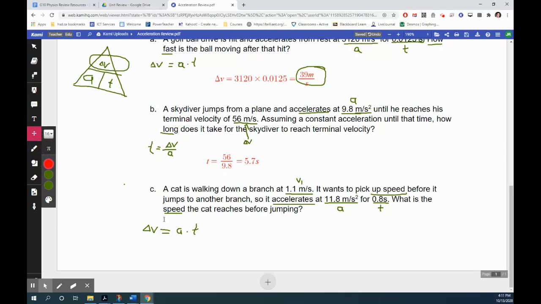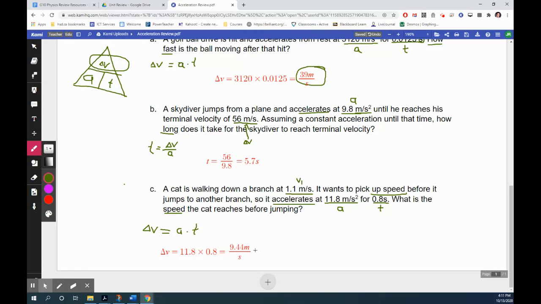All right, so what this looks like is capital delta v equals our acceleration of 11.8 meters per second squared times 0.8 seconds. It gives us 11.8 times 0.8 is 9.44 meters per second. That's how much we have sped up.